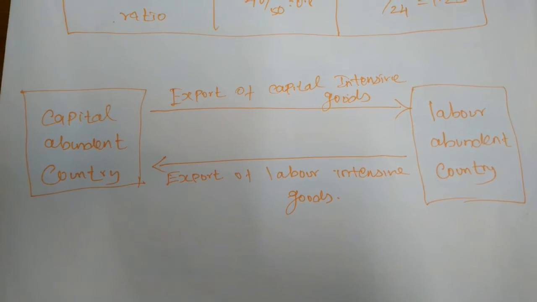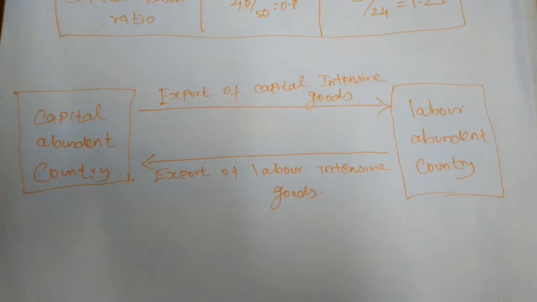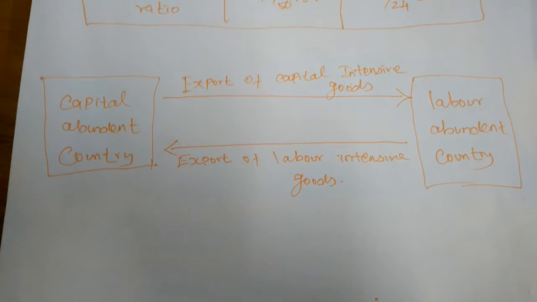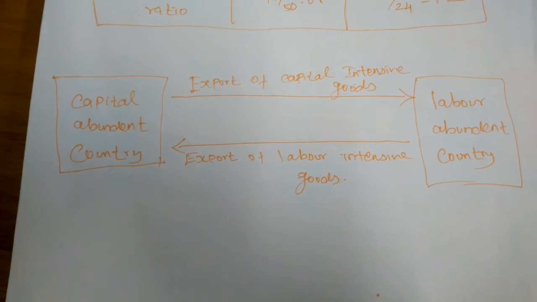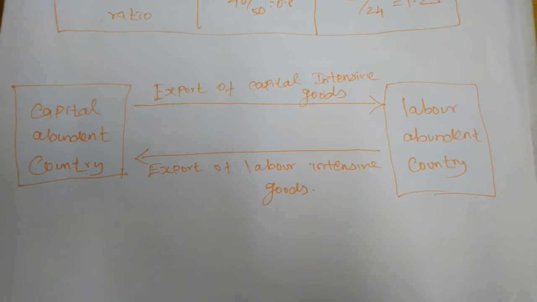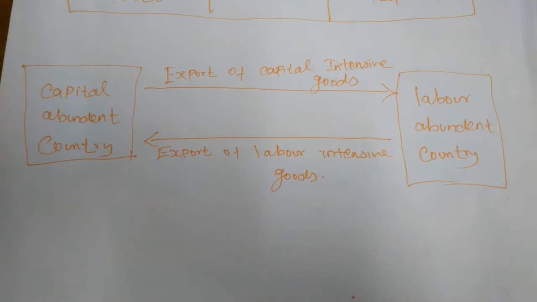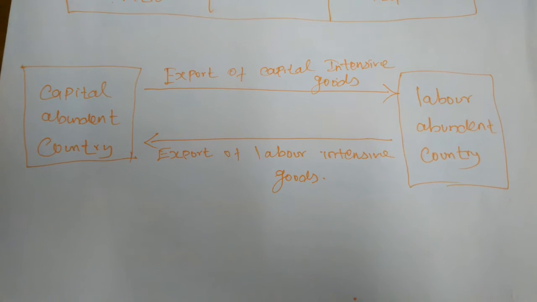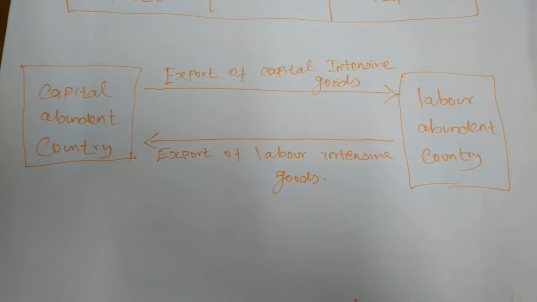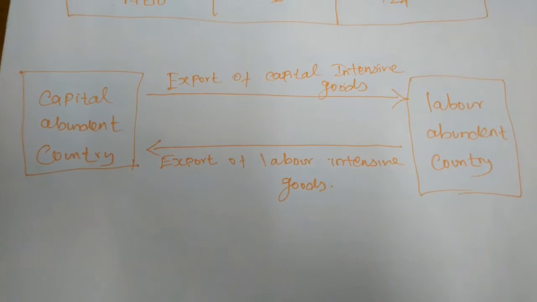Next, the efficiency of the same factor may differ in the two countries. Suppose you are considering labor: the efficiency or productivity of labor may differ between the two countries. Our farmers may have more productivity and the labor in America may have less productivity. So it will change.